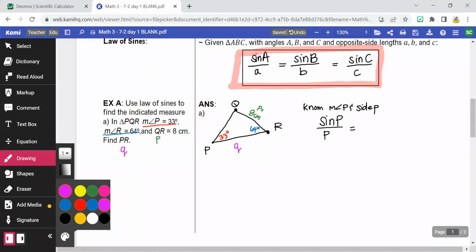And because we want lowercase q, we have to also know sine of Q over Q.